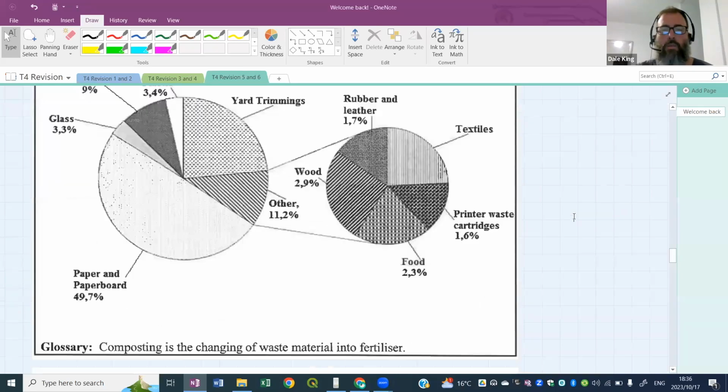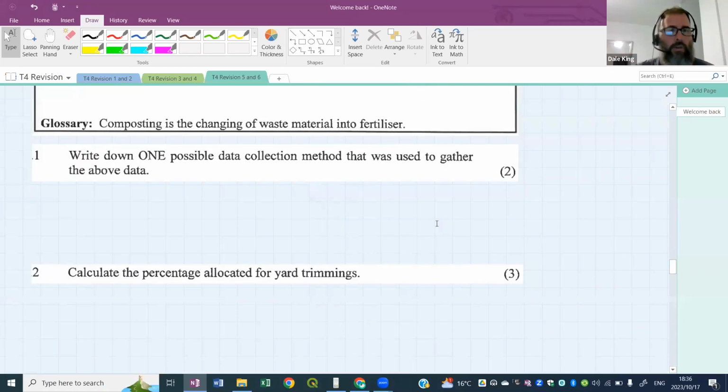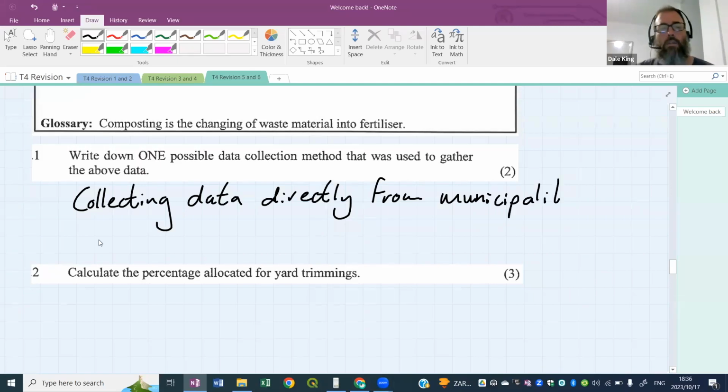So all of your answers sound pretty good. Using one word, please elaborate on the words that you guys have used, like questionnaire, observation. So, for example, an example answer could be collecting data directly from municipality or waste managers.